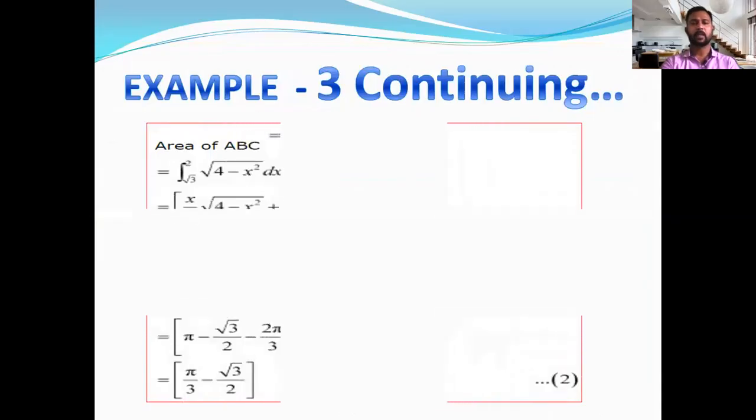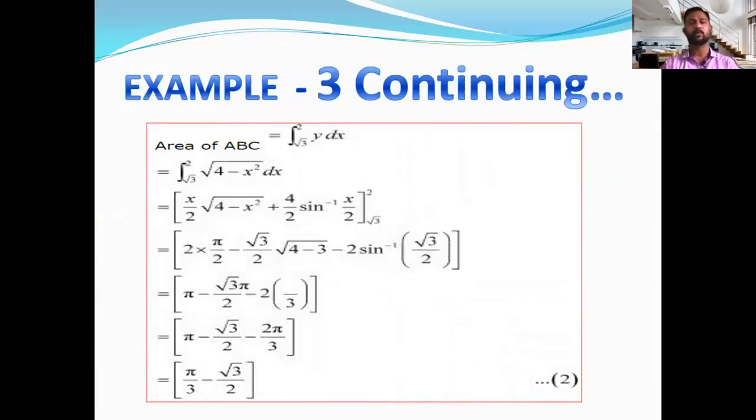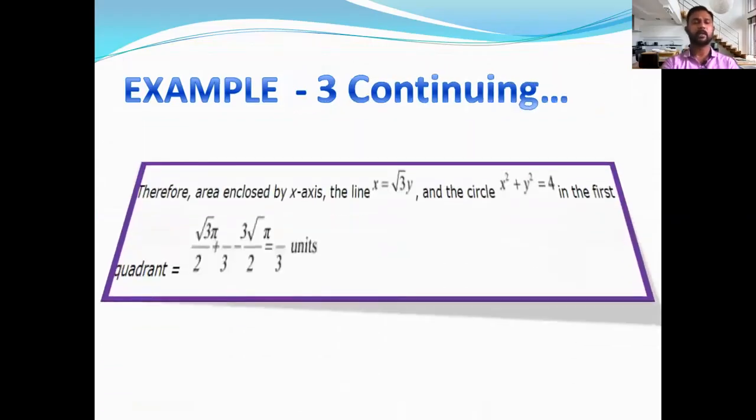That is integral root 3 to 2 of y dx. Y is root of 4 minus x square dx. Using the same formula for square root of a square minus x square dx, we have pi by 3 minus root 3 by 2. Therefore, to find the area of the shaded region, we will add both the resultant results, which is root 3 by 2 plus this one, and you will get pi by 3 units.